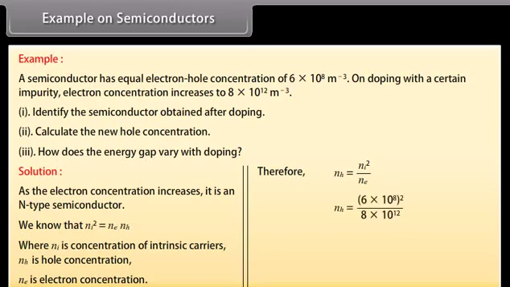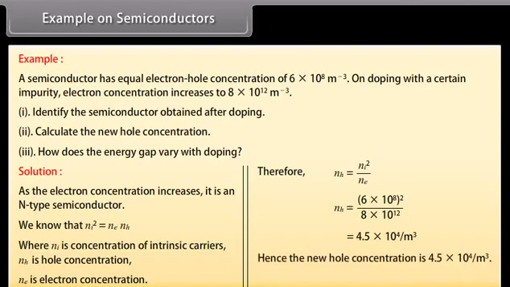On putting the values, we get NH is equal to 4.5 into 10 raised to the power 4 per meter cube. Hence, the new hole concentration is 4.5 into 10 raised to the power 4 per meter cube. With the doping, energy gap decreases.